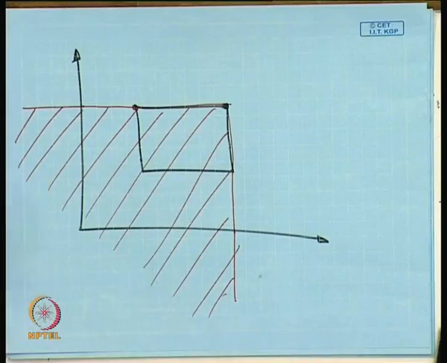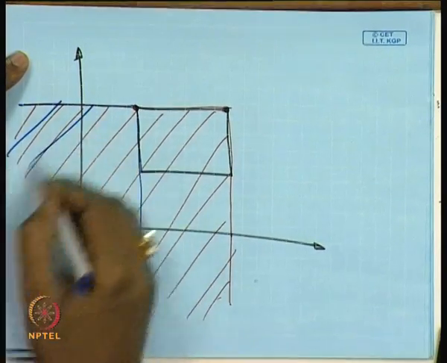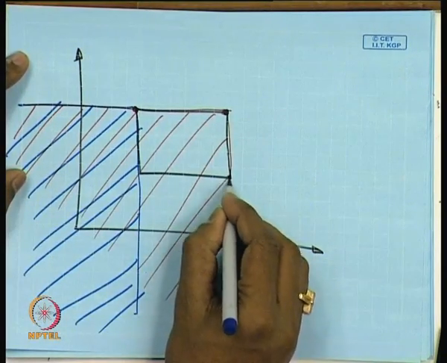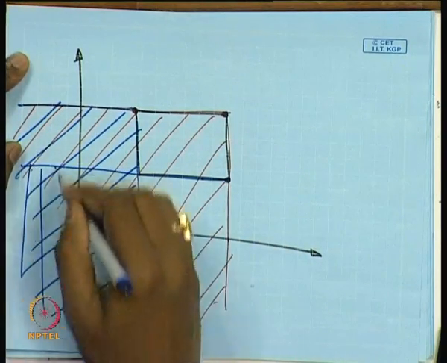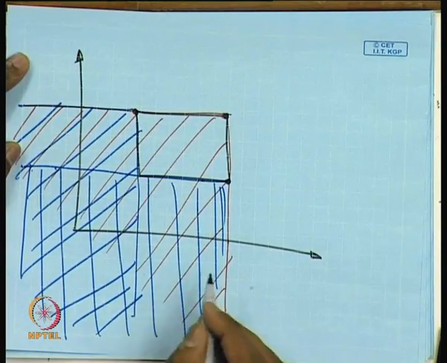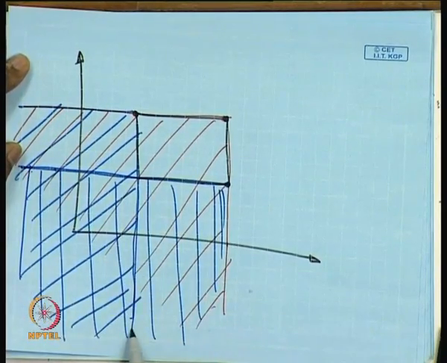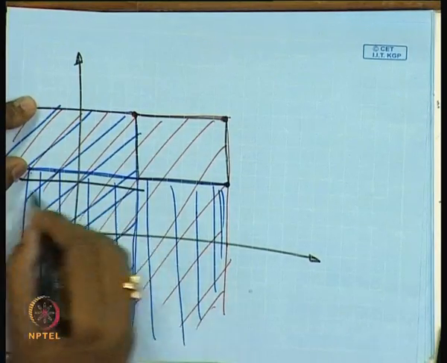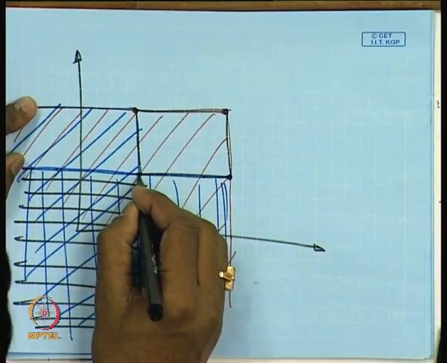Let me use another color. So this total area minus this area, minus this area. Now you see that in this process this area has been deducted twice, so this area should now be added, which is nothing but the total volume up to this point.